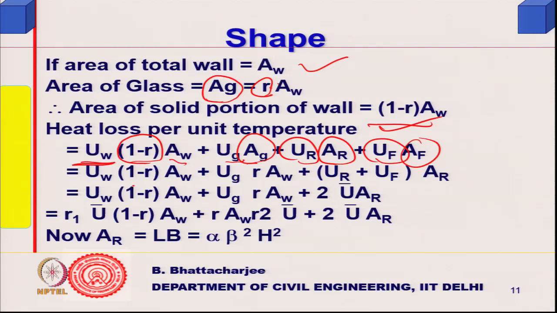Now, what you can write is AG is written as R AW, and roof and floor area usually will be same. So, I am calling this AF equals to AR, and writing it as AR, and this is UR plus UF. Therefore, everything is expressed in terms of AW or AR.